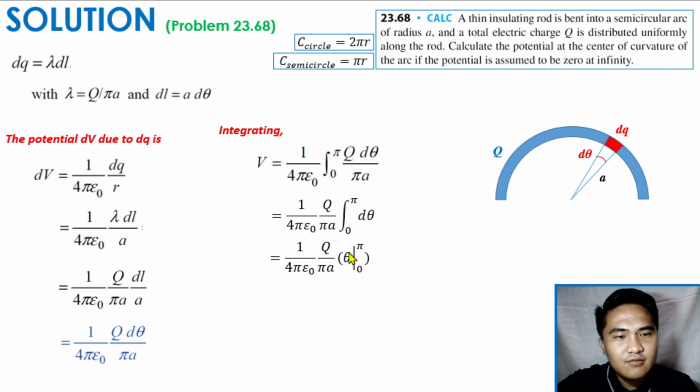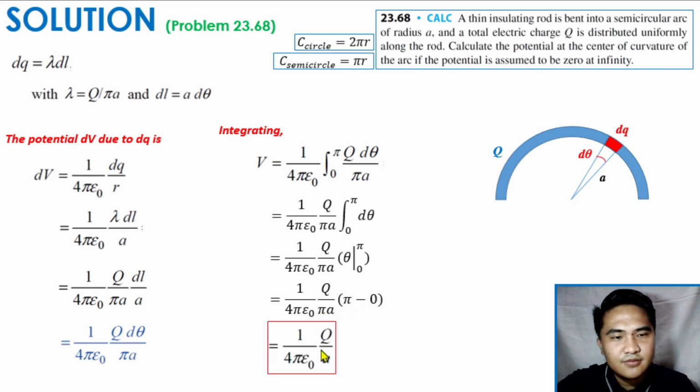Calculating the integral of d theta, we have theta, and evaluating it from 0 to pi, we will have pi minus 0. Since we have pi here and pi below, we can cancel these, and we will be left with 1 over 4 pi epsilon naught Q over a.